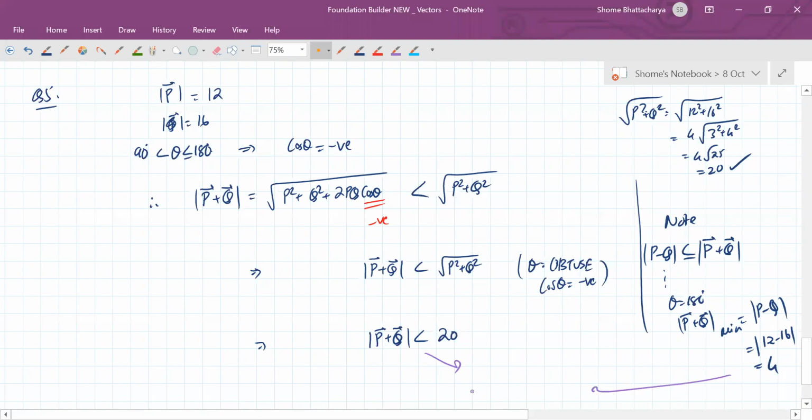Okay, so you can see that magnitude of the resultant p plus q cannot be less than 4, but at the same time it cannot be equal to 20 either, it's less than 20, because it's clearly given to us that it's an obtuse angle, so it cannot be 90 degrees. It has to be less than 20 but greater than or equal to 4. Now you can match the options.